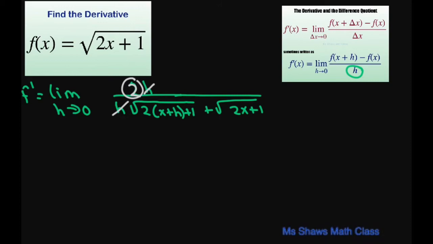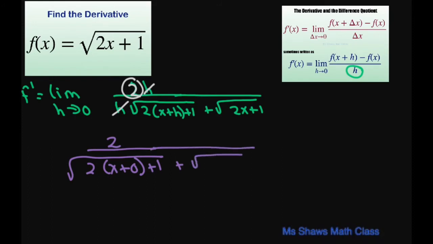So let's go ahead and apply the 0, and that's going to give you 2 divided by the square root of 2 times x plus 0 plus 1, plus the square root of 2 times 0 plus 1.